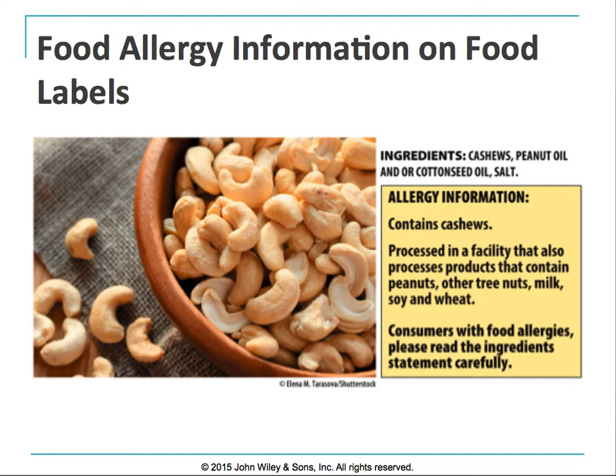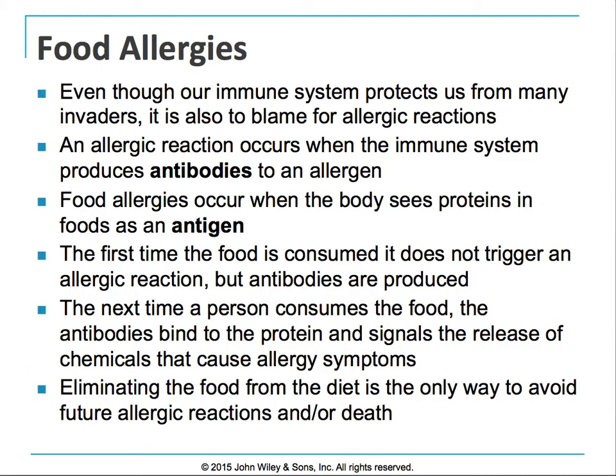Some food labels will also include specific allergy warnings. There are a number of really common food allergies like tree nuts, dairy products, eggs. If products contain any of those common allergens, they typically contain a separate allergy warning just to alert people that the product contains one or more of those substances.